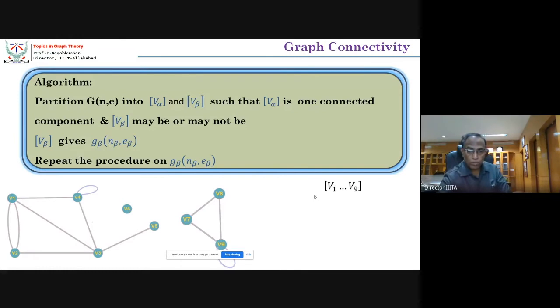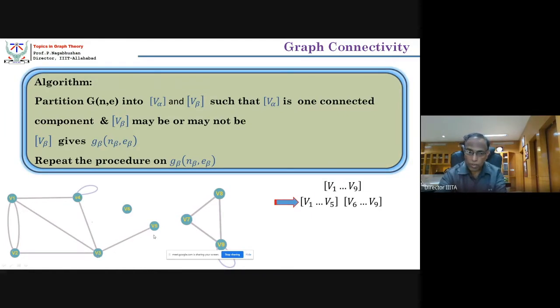So V1 to V9. No problem. Now when it is V1 to V9, you start the connectivity test. Starting from V1, you will see that V1 is connected to V2, V1 is connected to V4, V1 is connected to V3.